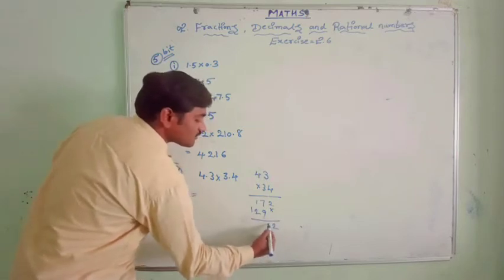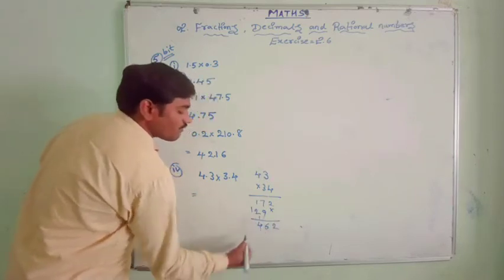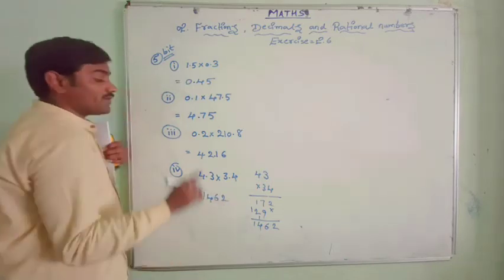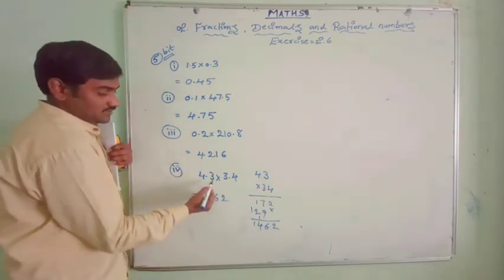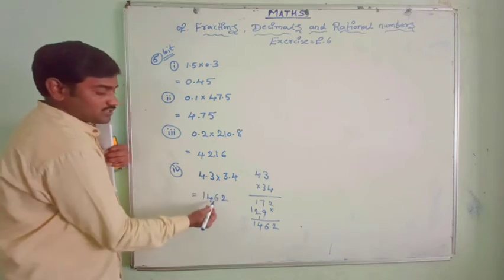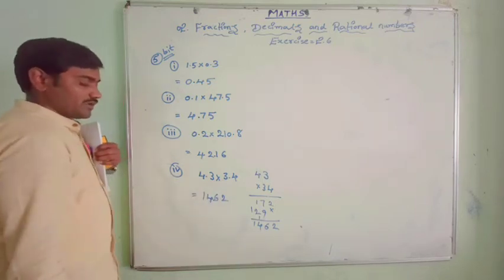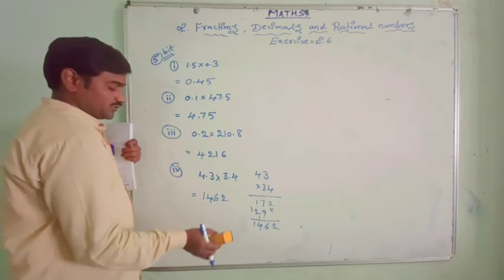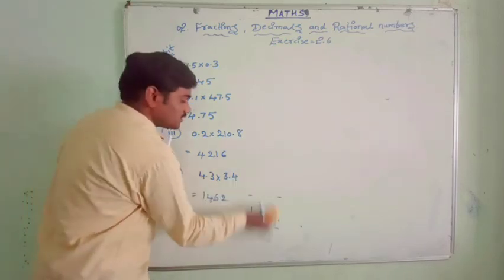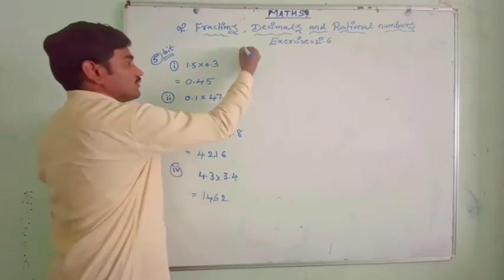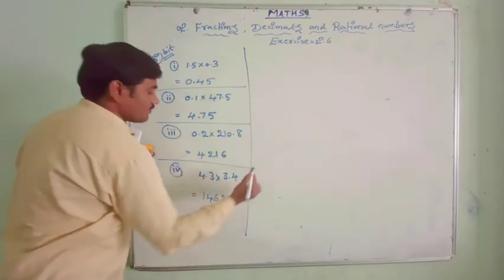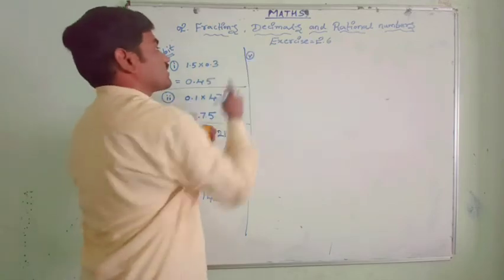That will give 1462. So how many decimal digits are there? Let us count: 1 and 1, 2 decimal digits. So after 2 digits you keep a point. That you get here, 14.62. 4 problems are completed. Let's go for the fifth one.